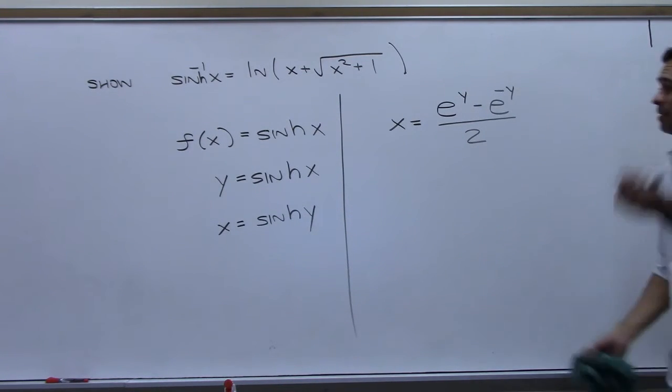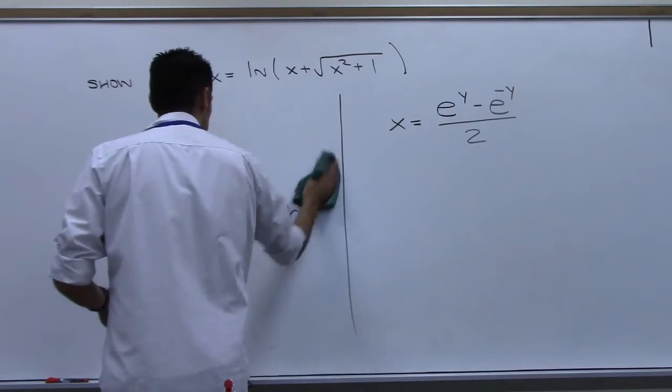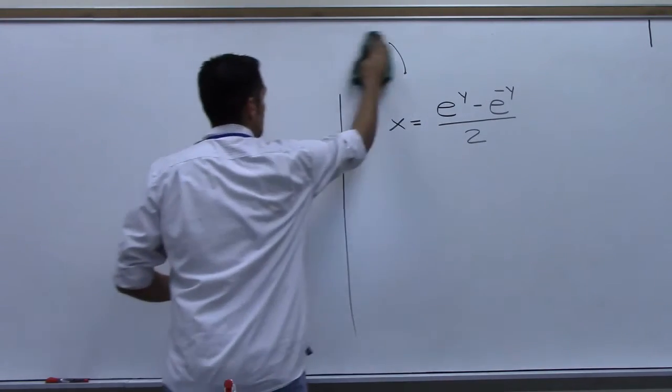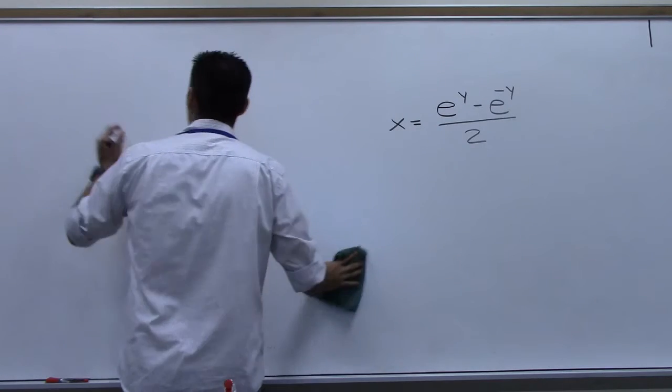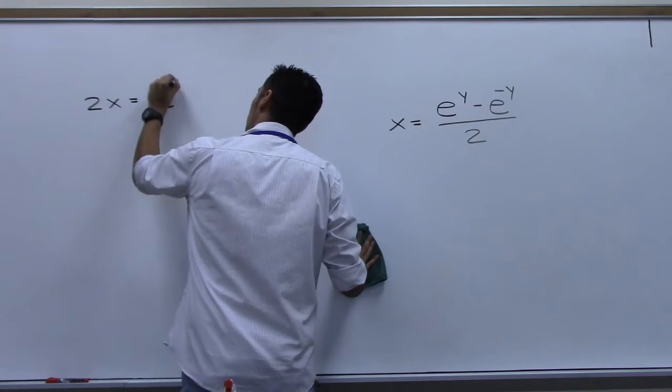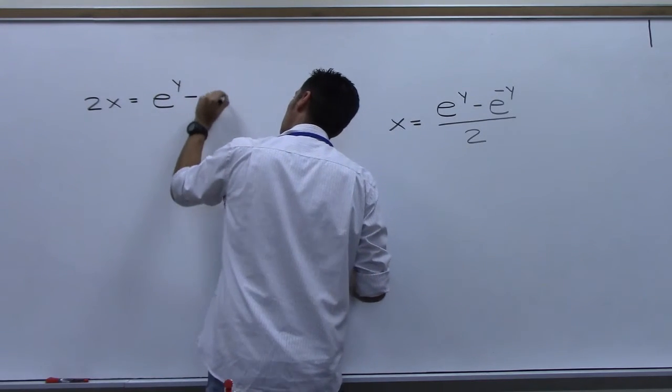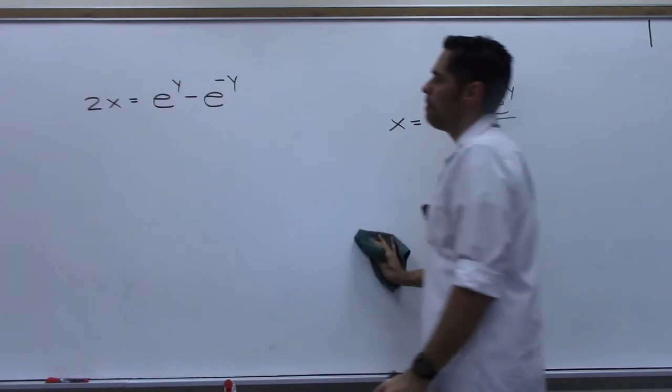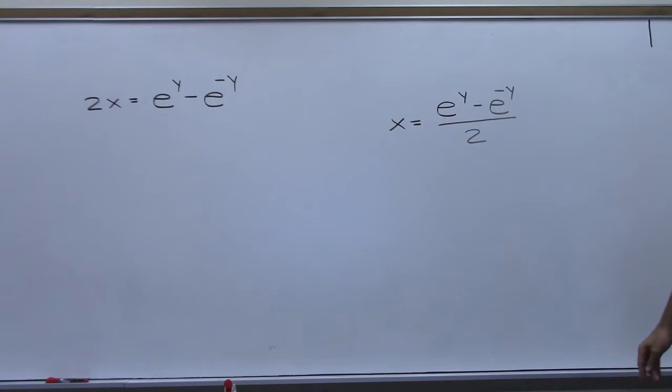All right, so let me try this. You're on the right track with natural log, all right? You're on the right track. I'm going to keep trying to lead you here. You're trying to solve for y.